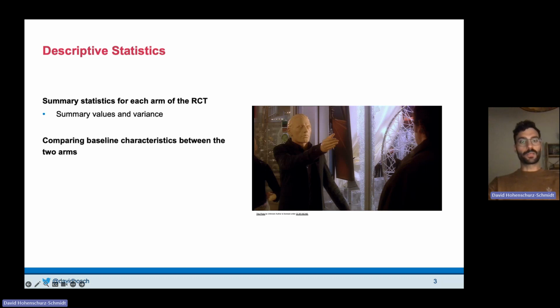These are the two main things you want to be looking at in the descriptive part of the results section, or in that famous first table of randomized controlled trial reports.